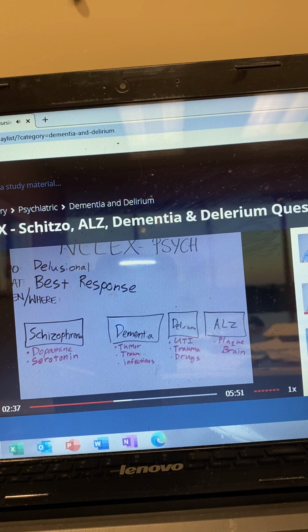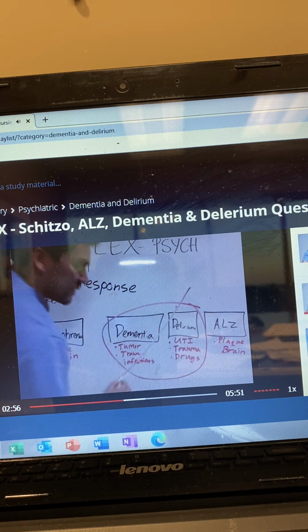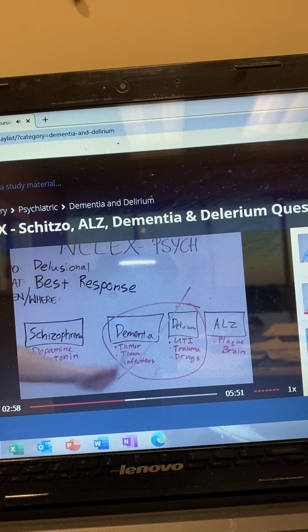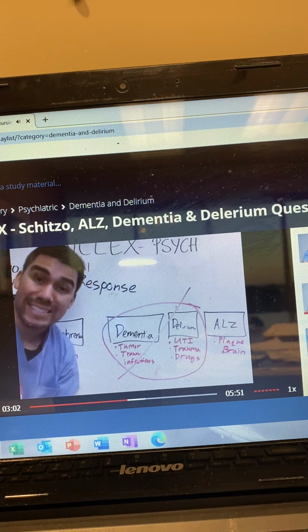So, in schizophrenia, you have a disruption of your neurotransmitters in your brain, and these two neurotransmitters are dopamine and serotonin. Dementia and delirium, these two are not diseases. These two are more diagnosed by signs and symptoms.